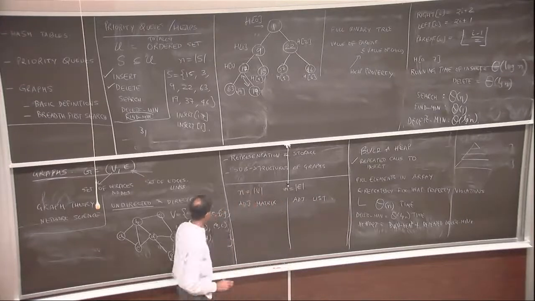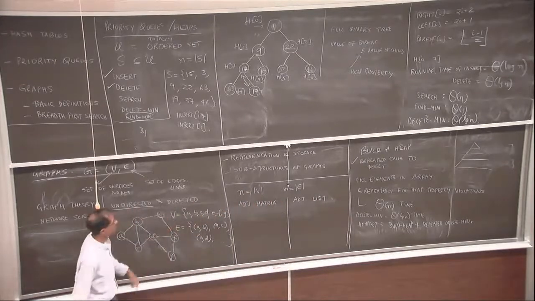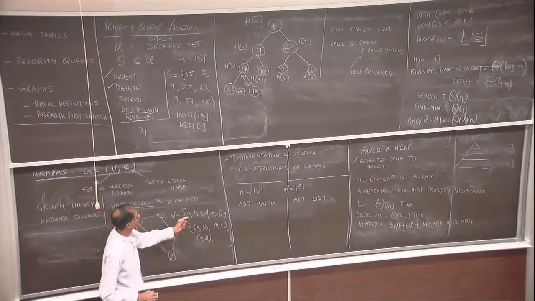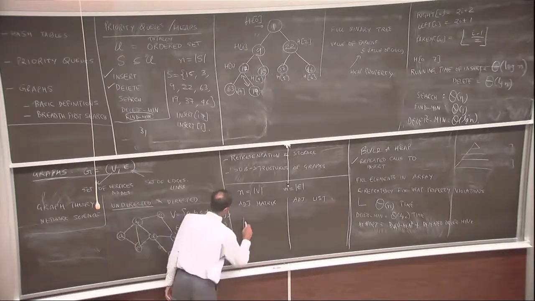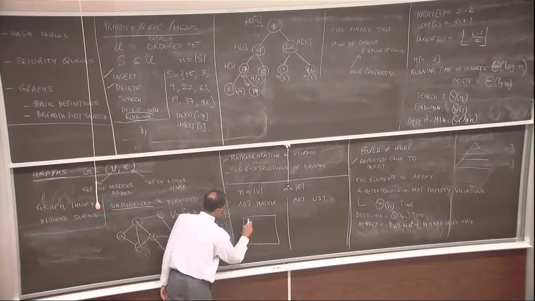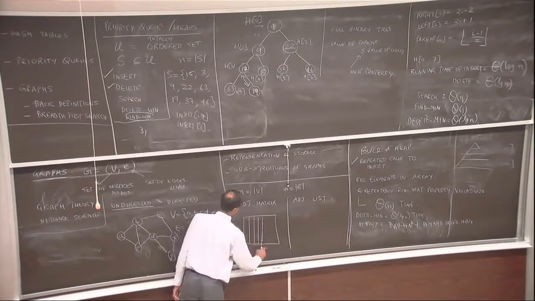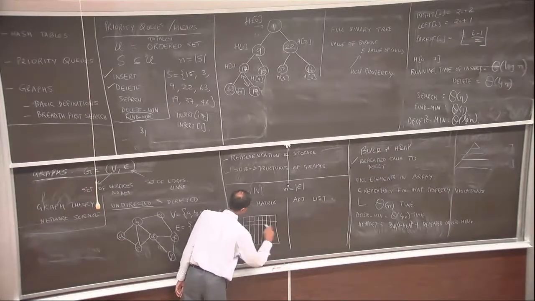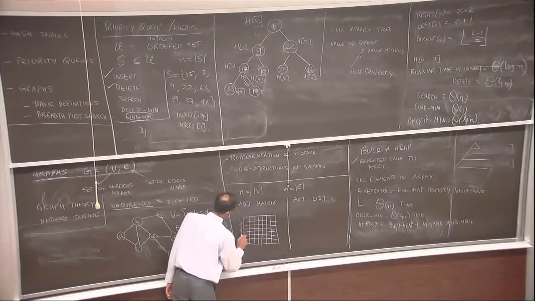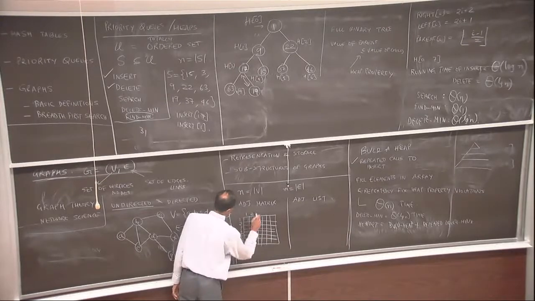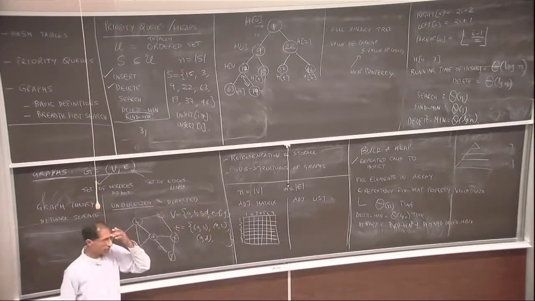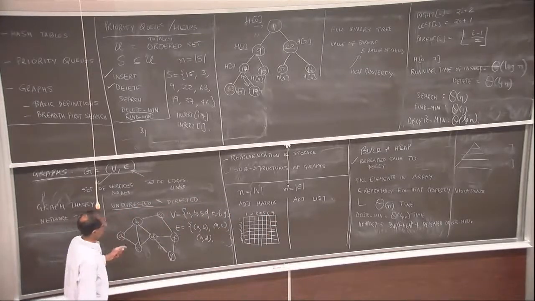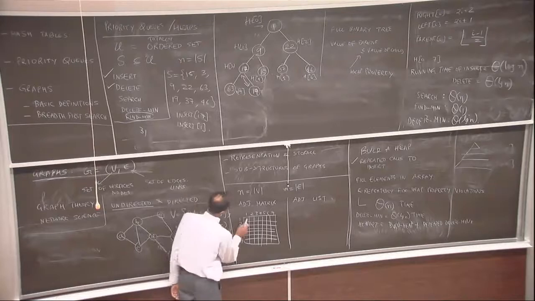An adjacency matrix representation in this situation would basically number all the vertices from, let's say, 1 through 7, and then it will have a 7 cross 7 matrix. Okay? And then these would be all 0.